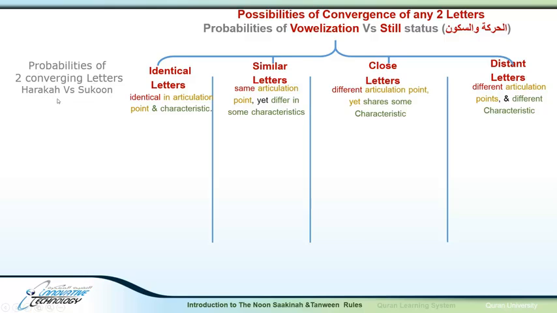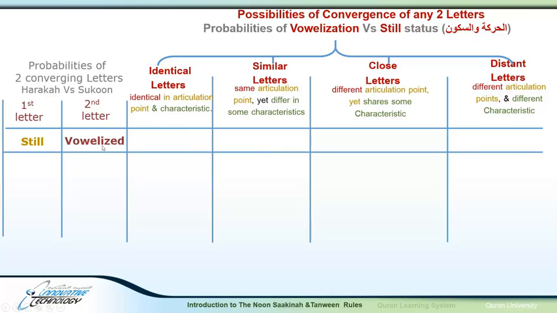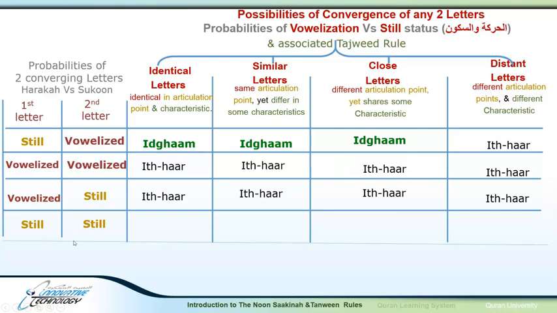Those 4 probabilities are based on the first and second letter haraka and sukoon, where the first probability was having the first letter being still and the second letter being vowelized. And then we mentioned that the associated Tajweed rules will be based on this order. So with this first situation, there were idgham and izhar, and then there were the other 3 possibilities with the Tajweed rules associated with them.